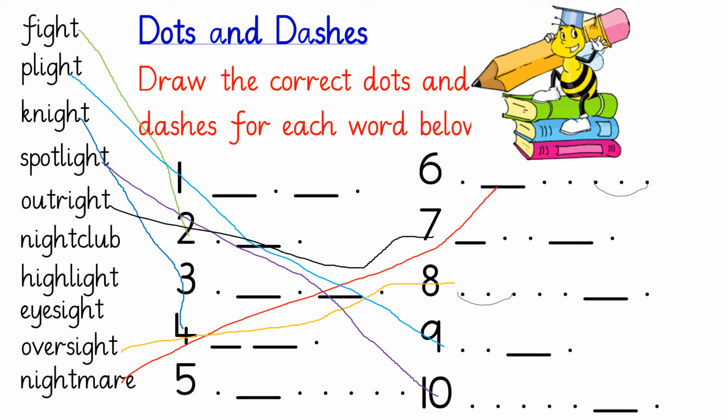Now 5 and 6 have got dots at the end of the word, but 6 has already been taken and it's got that hammock, which means that nightclub has to be 5. I don't know if you'll see this, it's a very pale yellow.